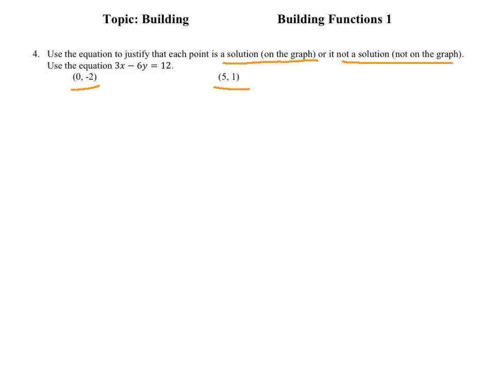One thing I would like to point out is that this is the x coordinate and this is the y. So I'm going to take the x and plug it in where the x should be, and take the y and plug it in where the y should be. So now I'm going to have 3 times my x coordinate, 0, minus 6 times my y coordinate, negative 2, equals 12.